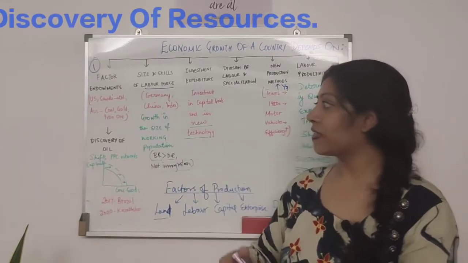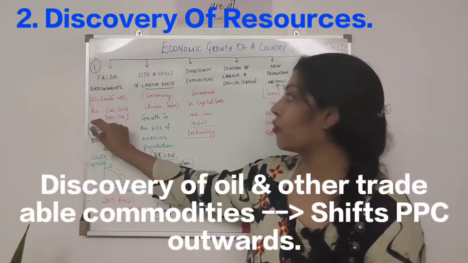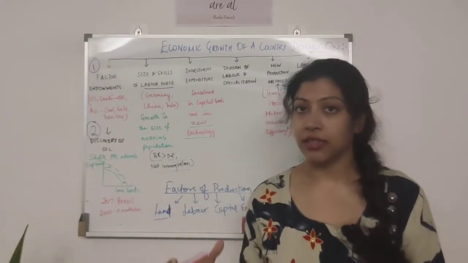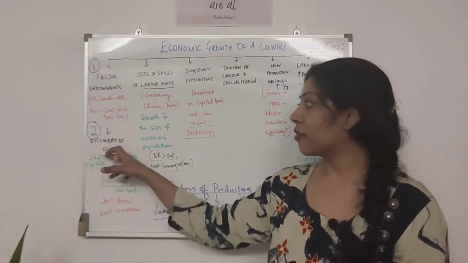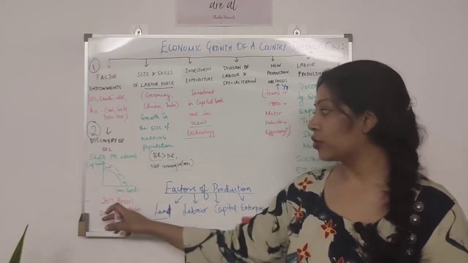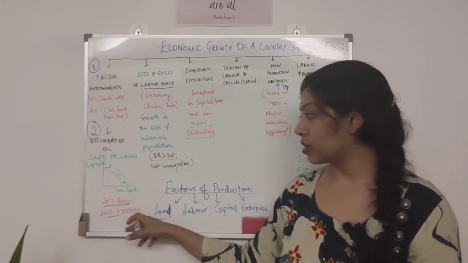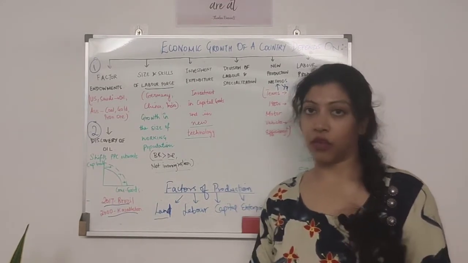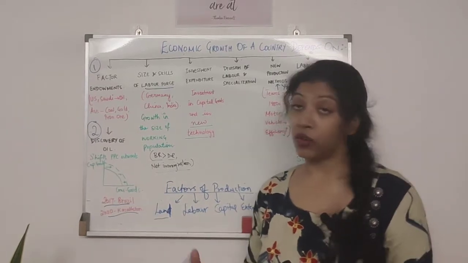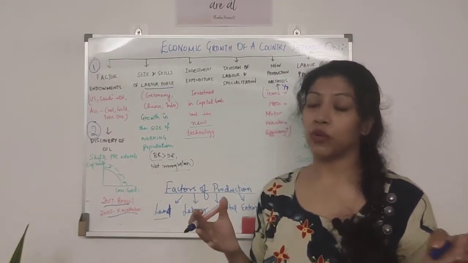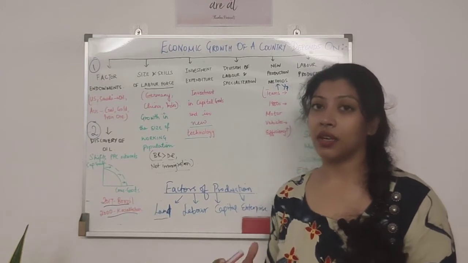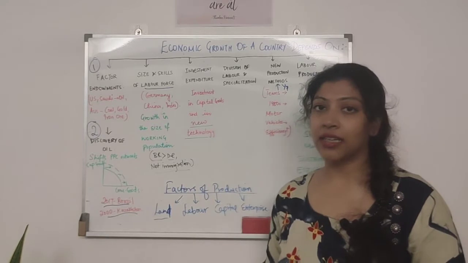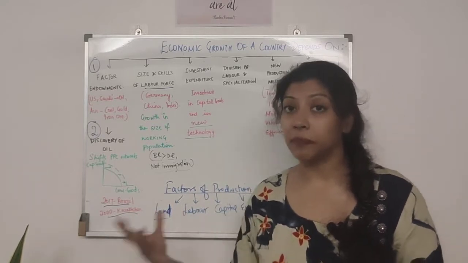In connection with that, the next point is the discovery of resources like oil and other tradable commodities. If you discover oil, I'm talking about post 2000, like in Kazakhstan, there was a discovery of one of the big large oil basins, which actually puts Kazakhstan as one of the countries which has a lot of oil, and its economy is largely dependent on it.